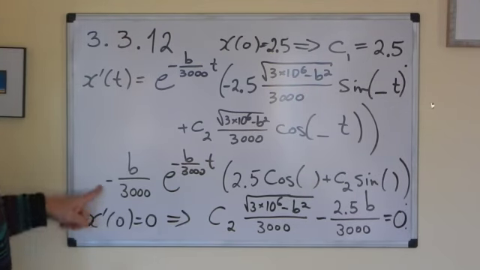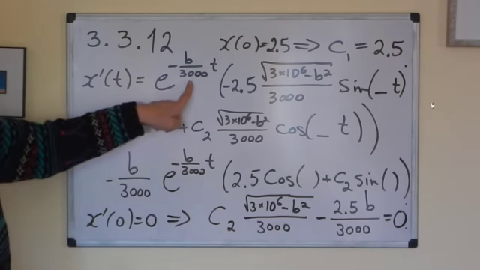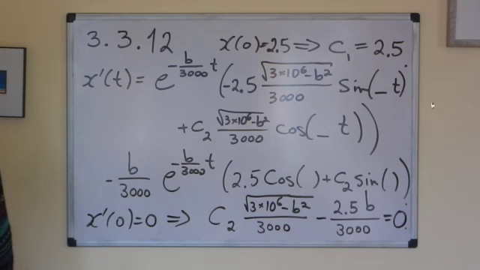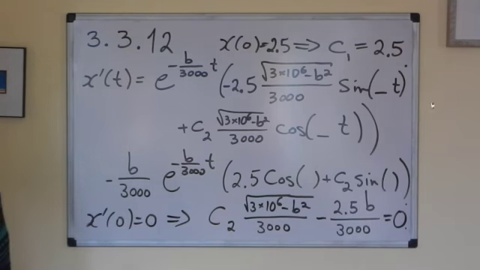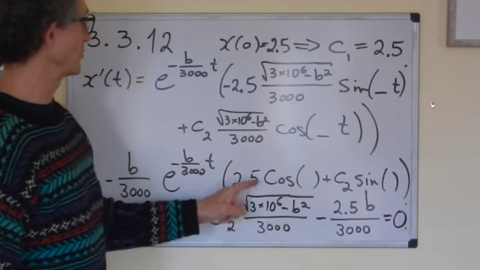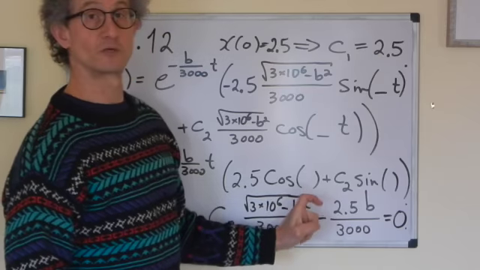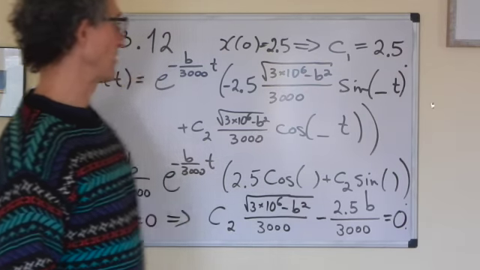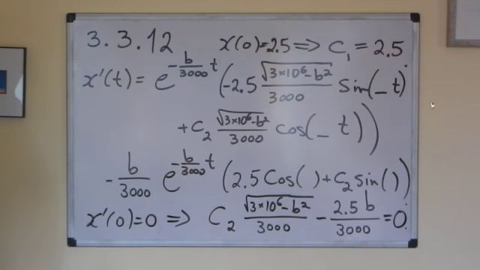And then when we differentiate the exponential, we get the exponential again times the derivative with respect to t of the exponent, which gives minus b over 3000, and then the original solution, 2.5, the C1 times cosine, and C2, which we haven't decided yet, times sine. So we want to set this equal to 0 because, again, the car starts at rest.